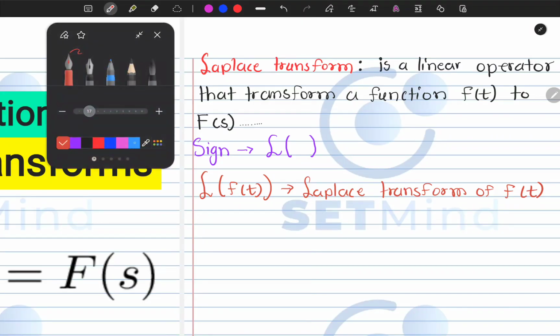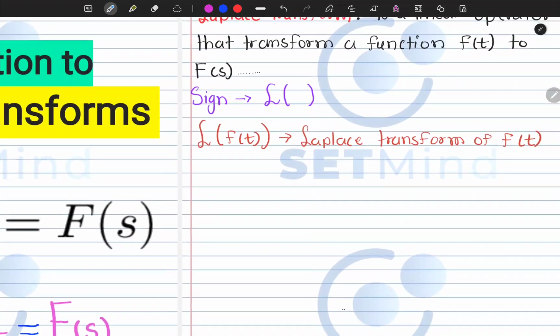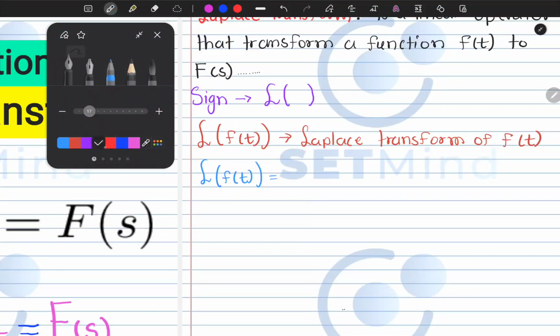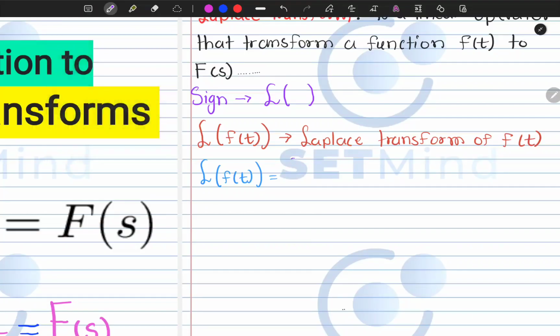There's a couple of things which we need to be aware of, which is that when you take the Laplace transform of f of t, what you get is the integral, and this is where the mathematical definition comes in. It is the same as taking the integral from 0 to infinity of that function f of t multiplied by another function, e to the power of negative st, dt.